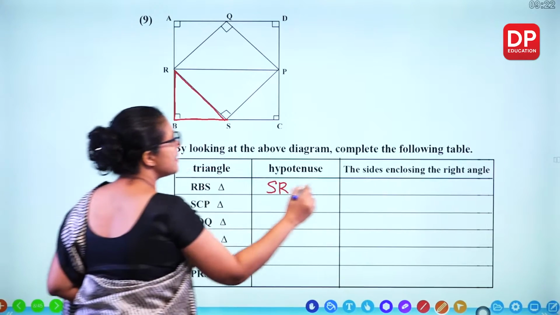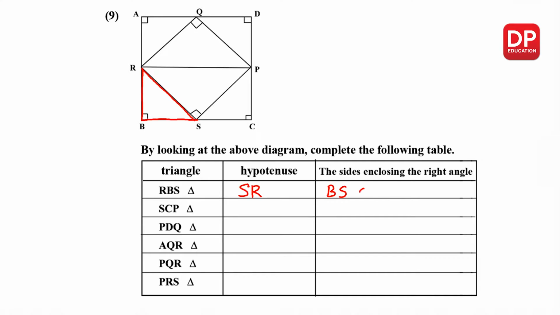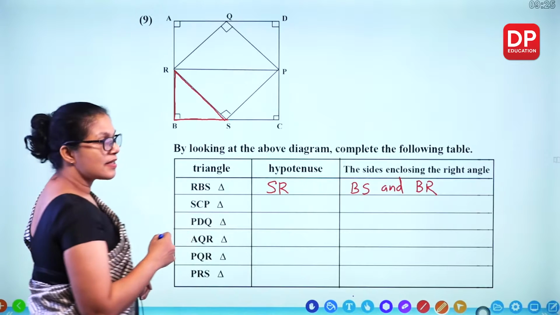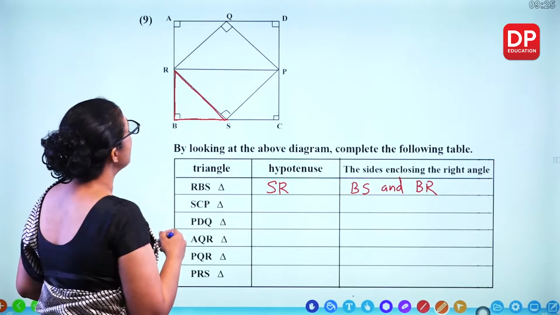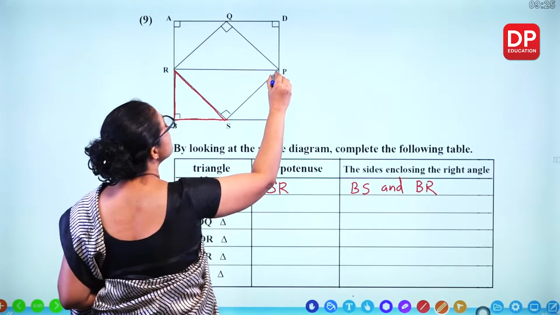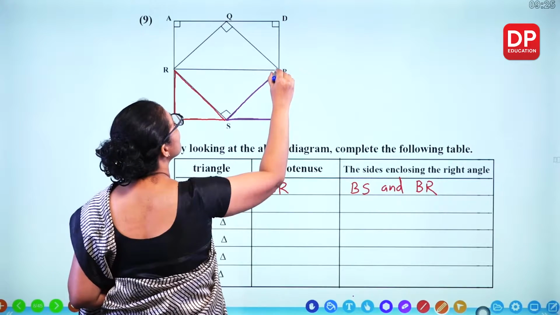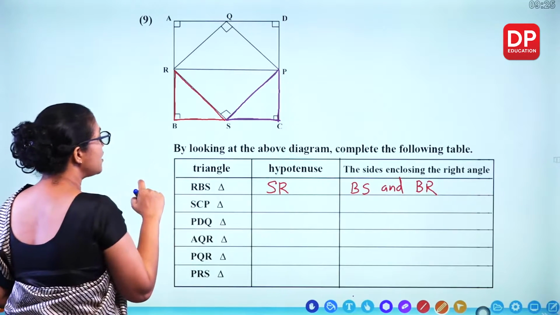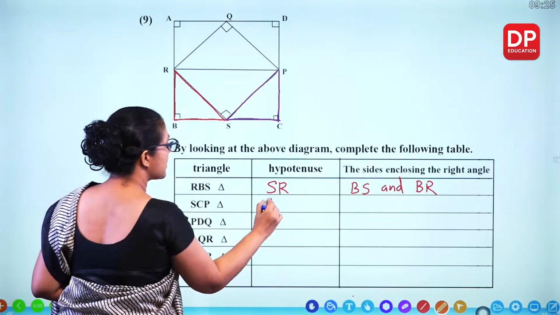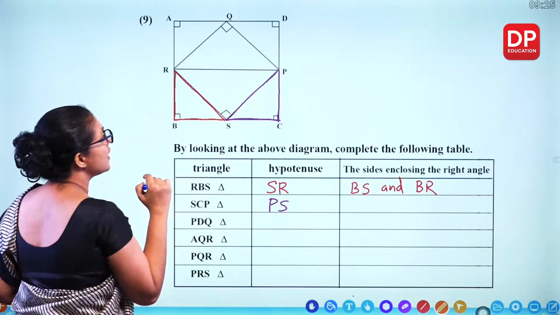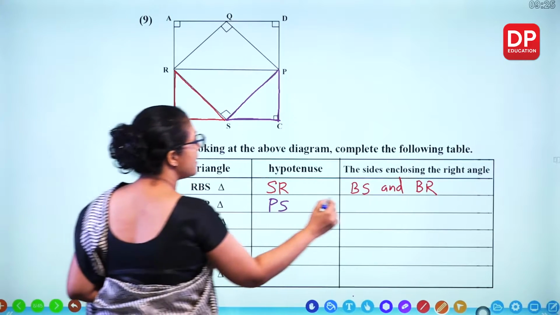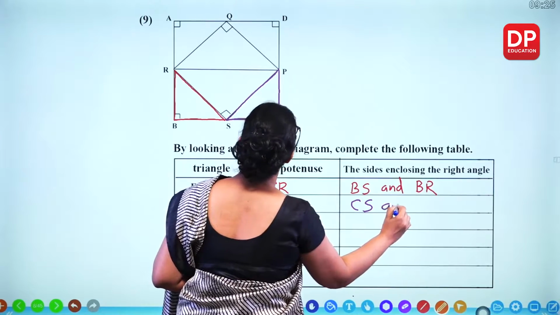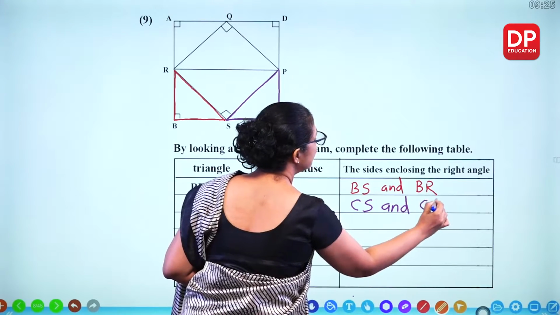BS and BR. Next one, SCP. SCP is this one. What's the hypotenuse? PS. So what are the two sides? CS and CP.